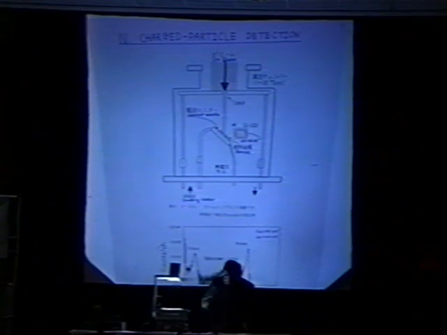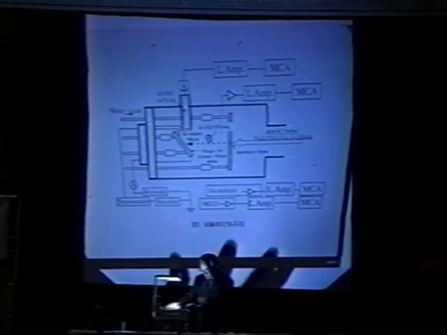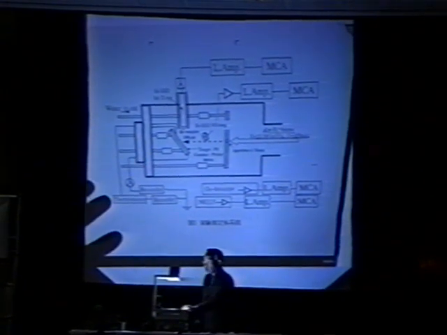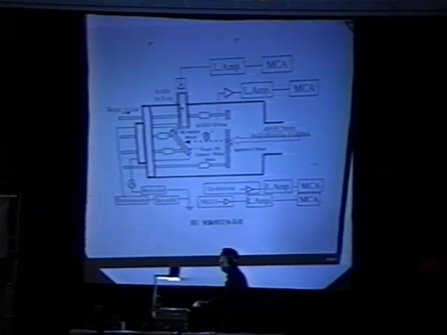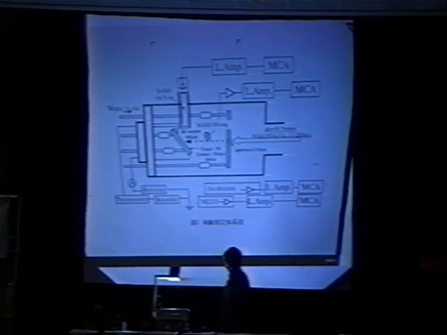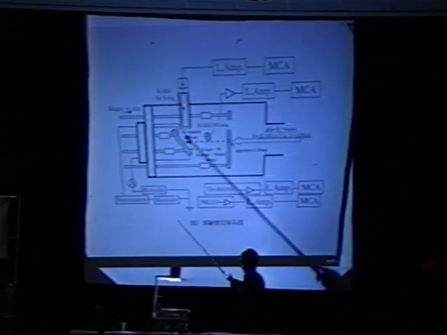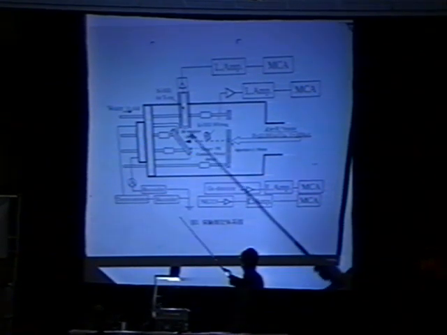By using this kind of setup, we can make measurements in principle, but to take more information, we set up other detectors for measuring X-rays, for example, through a beryllium window here, of 100 micrometer thickness.